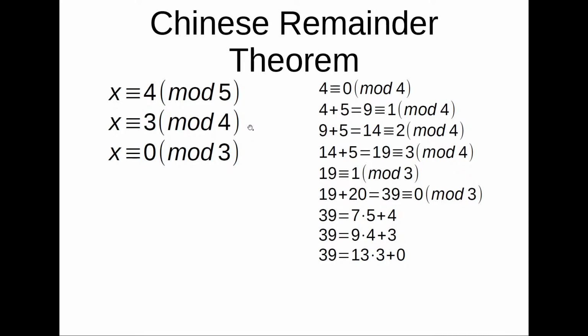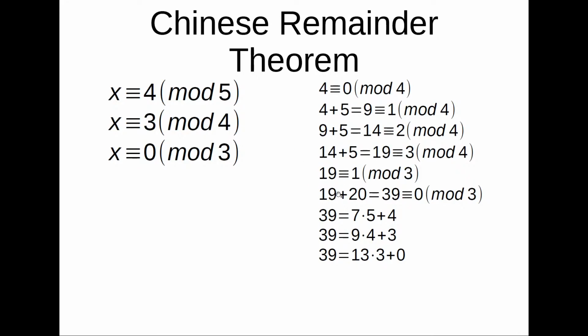No, I said that wrong. You already have a number that when you divide by 5, you get 4, and when you divide by 4, you get 3. But you need to find a number that when you divide it by 3, you get 0 as well. So then you have to do 5 times 4, or 20.